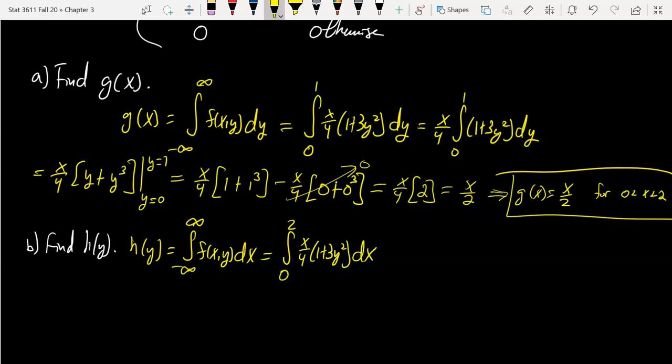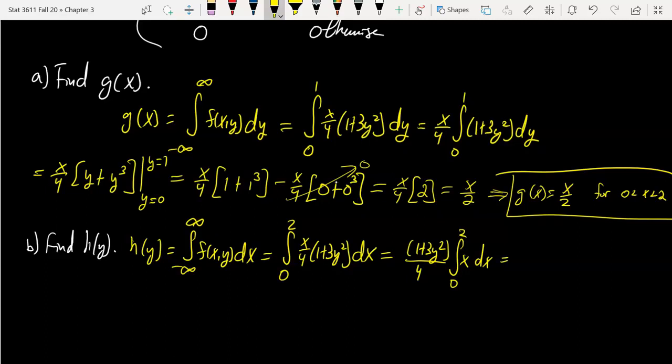Treating y as a constant, 1 plus 3y squared is multiplying a constant, and so you can factor that constant out in front if you want to. It's a little bit overkill, but why not? 1 plus 3y squared, let's take the divided by 4 with it. So you're integrating from 0 to 2, x dx.